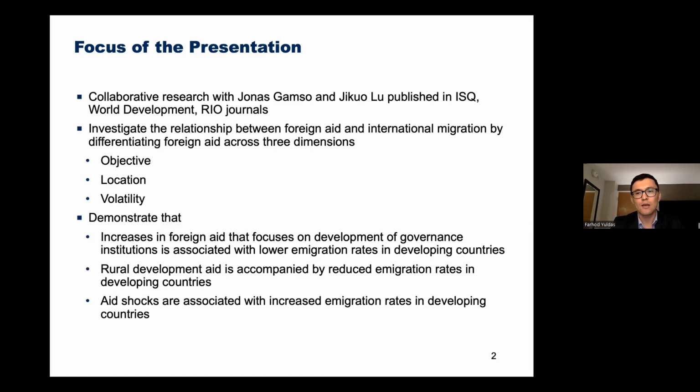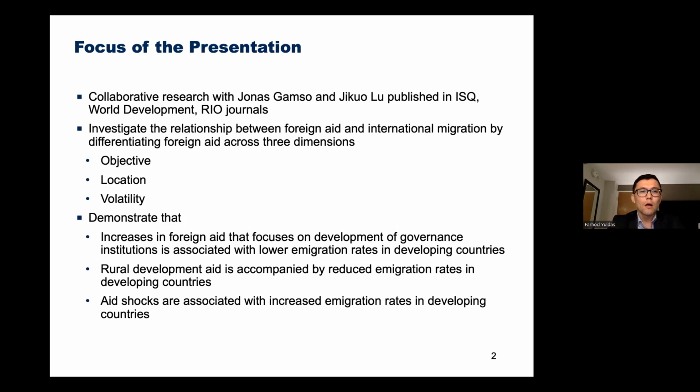Foreign aid projects can have different objectives, such as focusing on governance and institutional development, or helping with economic matters or social matters, right? And location, whether it's in urban areas or in rural areas. It could also be differentiated in terms of volatility.